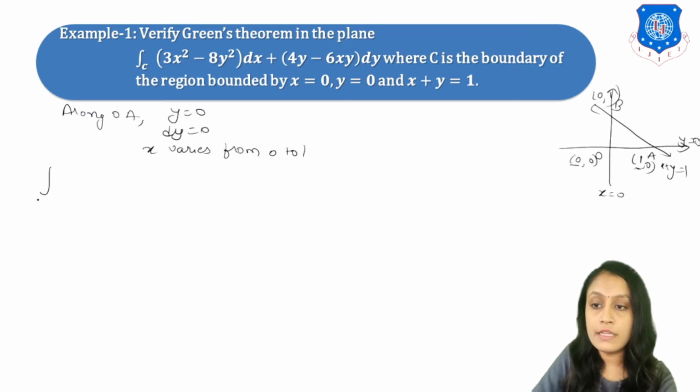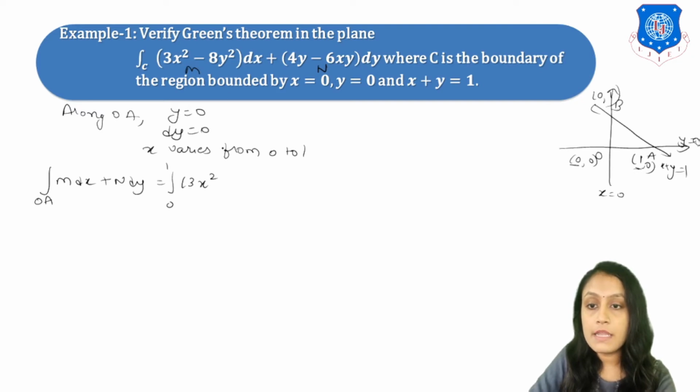So the integral over OA of M dx plus N dy is equal to the integral from 0 to 1. This is your M, this is your N. So 3x², and in place of y we have to substitute 0, so this is 0 dx as it is, plus, in place of y again substituting 0, this is 0, minus, here we have y, so this is also 0, and here we have dy, so this is 0.